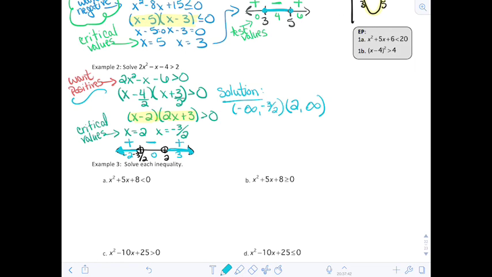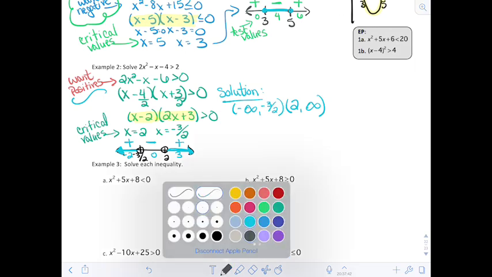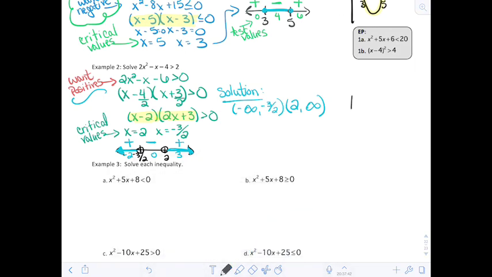And so as you look at a graph, again, if you wanted to confirm this, you're going to see a quadratic that is opening up. It's crossing through negative 3/2 and 2. And we want where it's positive, and that's going to happen on those intervals above the x-axis.